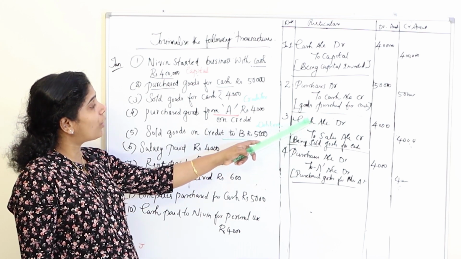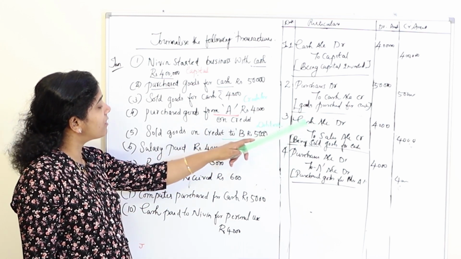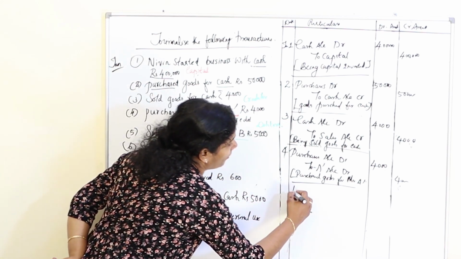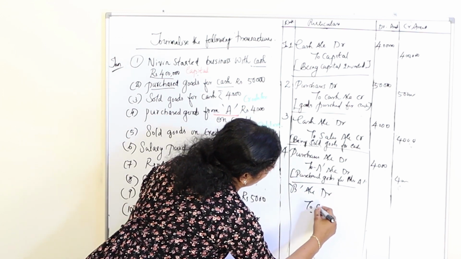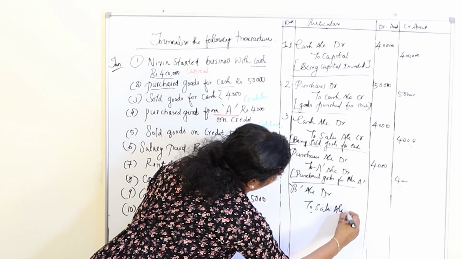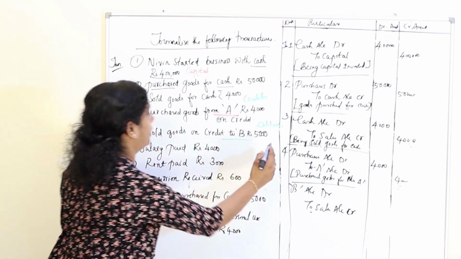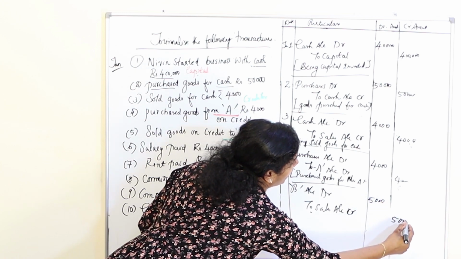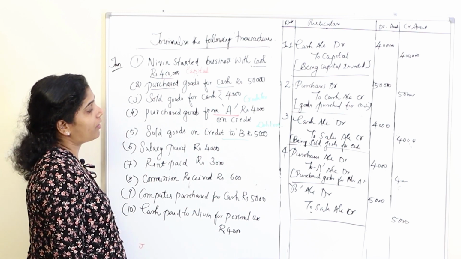But here cash is not coming, so we have to write Mr. B's name because it is receivable from Mr. B. So the entry will be B's account debit to sales account credit. The amount is 5,000 and we have to write a narration: sold goods to B on credit.